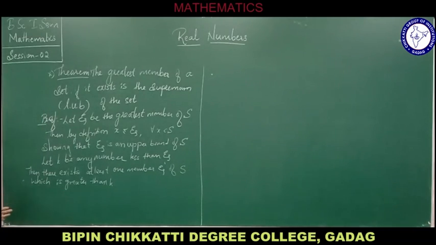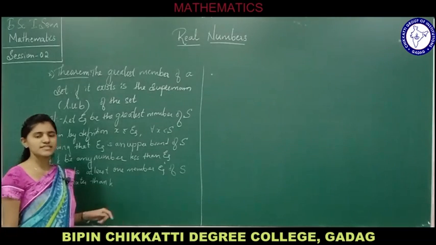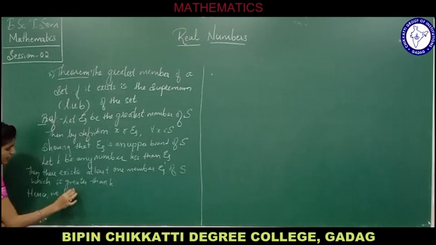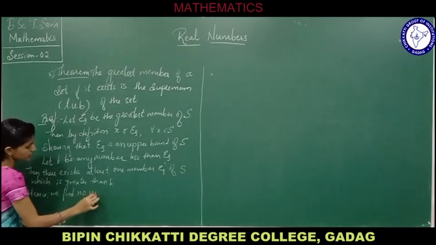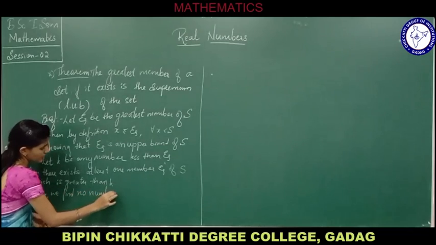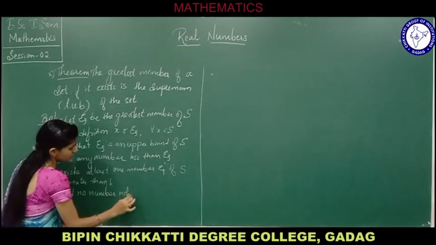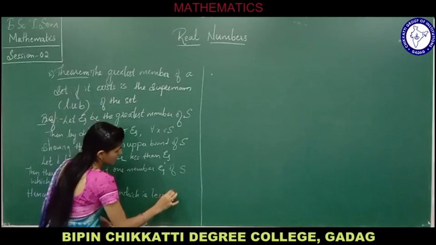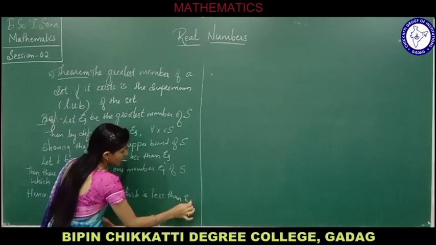If it is greater than k, we find no number less than epsilon. Hence, we find no number which is less than epsilon.